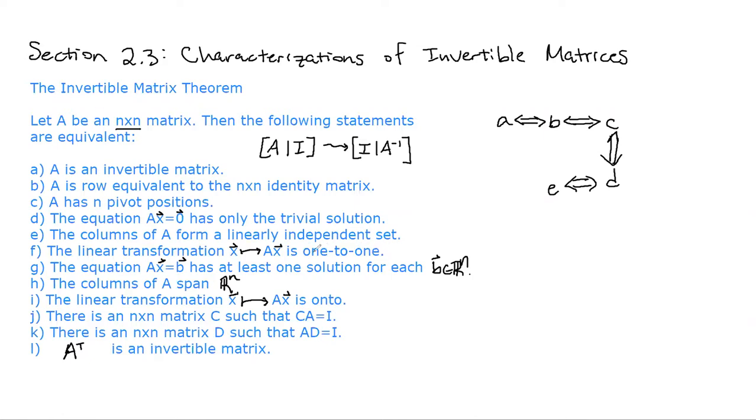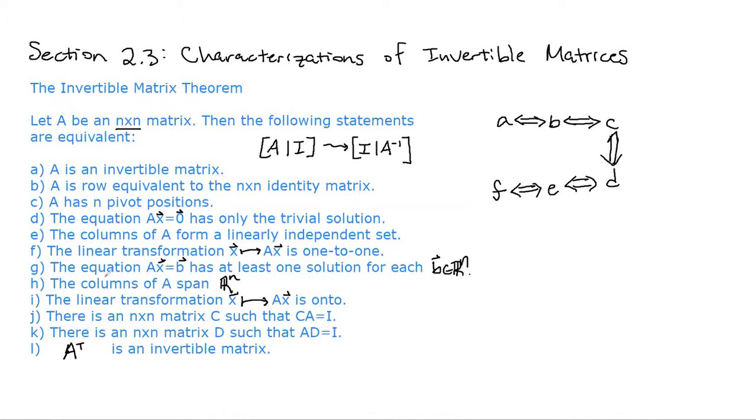If you'll remember, one-to-one means every output has only one input mapped to it. So in particular, we can't have infinitely many things mapped to Ax, right? And so that's another way of saying our columns are linearly independent. So property E is the same thing as property F. If that one feels a little shaky, go back and rewatch the video on section 1.9.